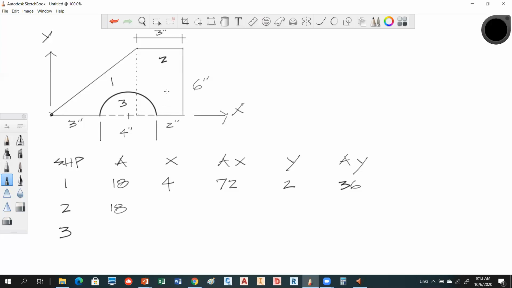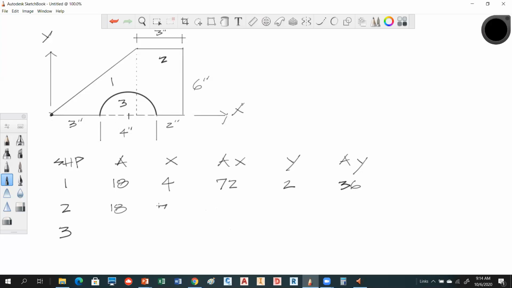But our origin is actually over here, so we have to come 6 plus 1.5. Just put your origin here temporarily, calculate what the distance is with respect to that, and then add this to it, because our actual origin is over here. So I came up with 7.5.